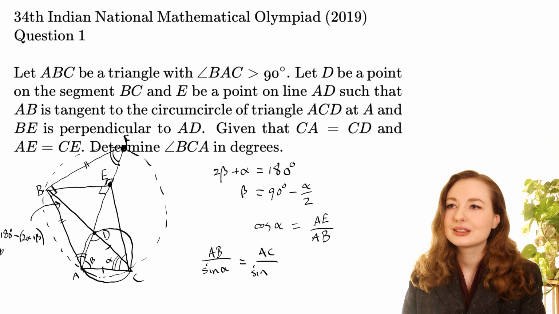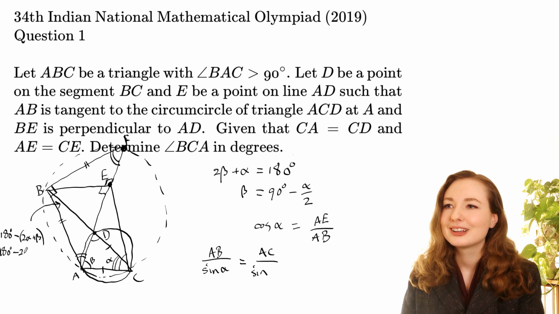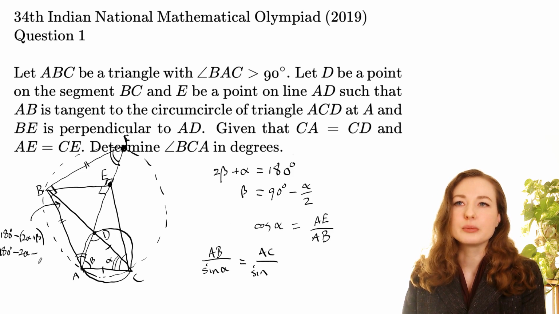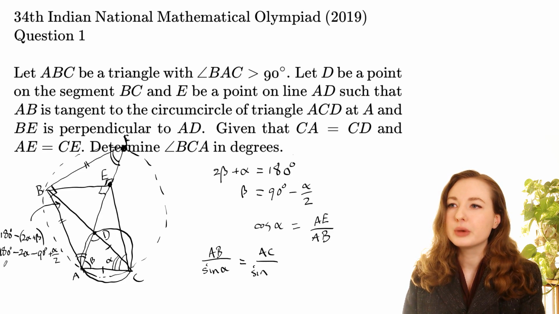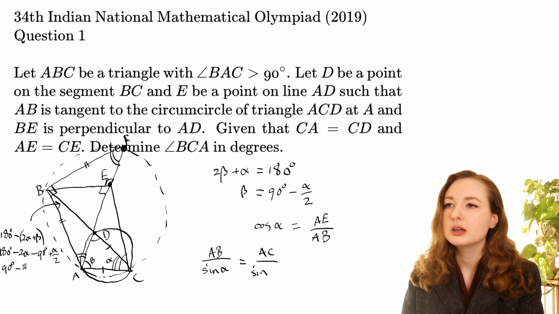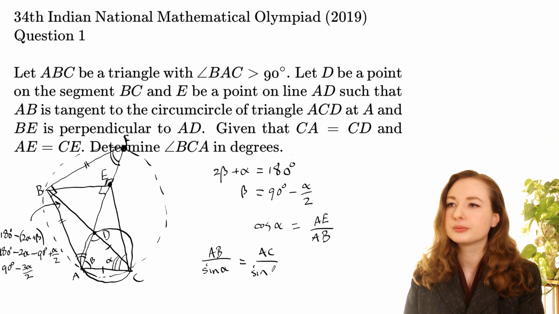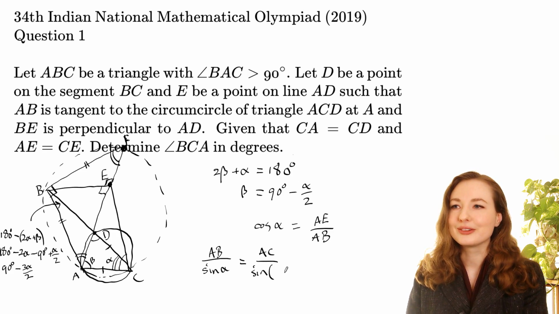Let's simplify that and write it entirely in terms of alpha. So minus 2 alpha and then minus beta, where beta is (90 minus alpha) on 2, so minus 90 and plus alpha on 2. So 180 minus 90 is 90, and then we've got negative 2 alpha plus alpha on 2, that makes negative 3 alpha on 2. So here we have sine of (90 minus 3 alpha on 2).